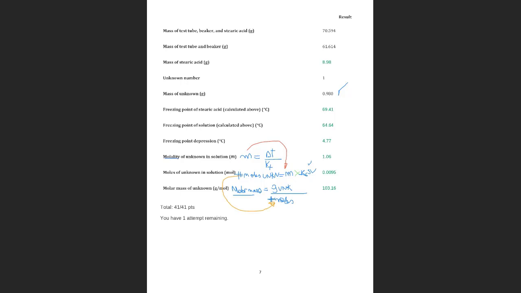And basically, the calculations are very simple, and it's more time consuming to get the freezing point and the delta T. And now I would like to share some practice before you do the quiz.